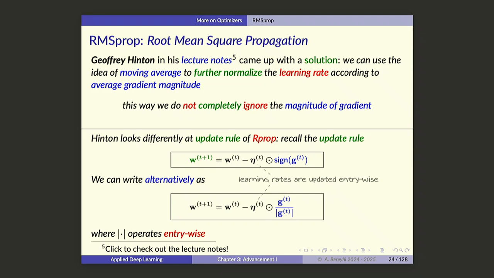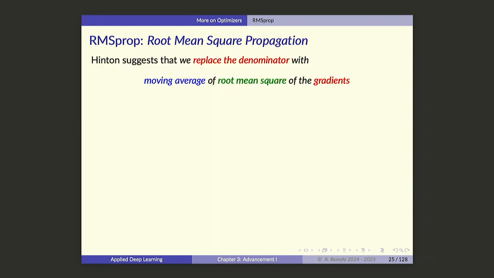Okay, so he came up with this idea. Maybe I can replace it with the moving average of that amplitude. And the better idea: instead of the moving average of the amplitude, I'm going to use the moving average of the squared value. And then at the very end, I'm going to just compute the square root.